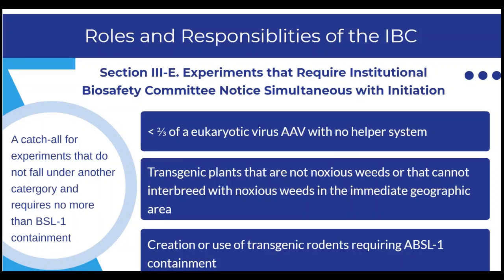Yes, these are 3E experiments. It is important to mention that some simple, standard molecular biology procedures might require IBC review. Some strains of E. coli, like K12, are exempt from the guidelines, while others, like BL21 strains, are not and require submission of an IBC protocol.